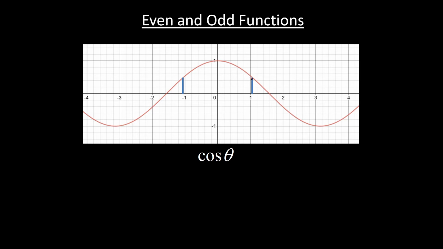And notice these are the same output. So if you plug in a positive number, that output is the same output as when you plug in that negative number. And so we would say this is an even function. Whether you plug in your positive value or your negative value, you're going to get the same answer.